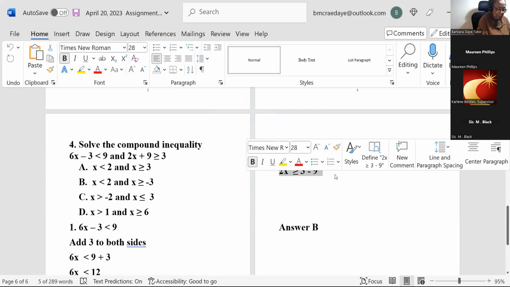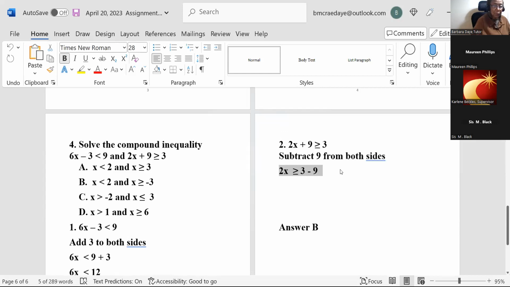So what's on the right? What's 3 minus 9? That will be 6. Plus or minus? Minus 6. So the plus 3 minus 9, you subtract, and the sign of the number with the largest absolute value is negative. So that would be a minus 6. So let's just put that there.